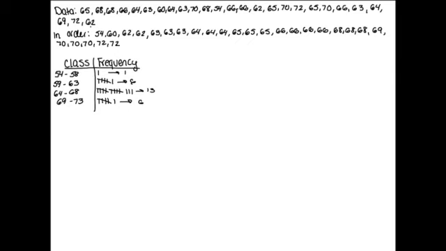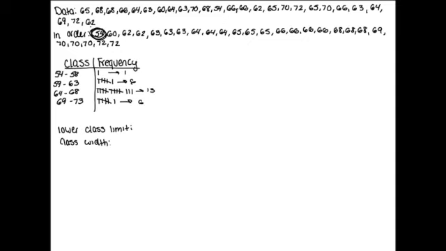So now that I have my class distribution chart, I can identify my lower class limit, and I can identify my class width. How I identified my lower class limit is I looked at my clean data, and I looked at the smallest number.